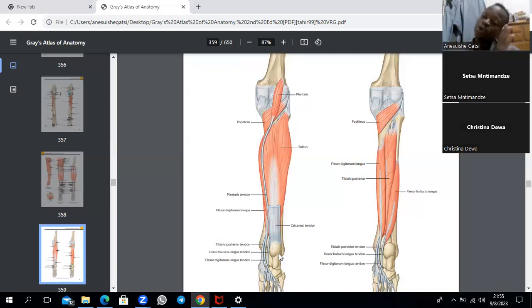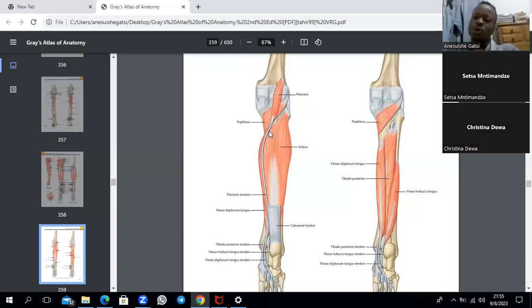So already I've told you that PSG, all those three muscles insert onto the calcaneum. The gastrocnemius and the soleus have the same insertion, which is the tendocalcaneus, the Achilles tendon. Plantaris has its own insertion.